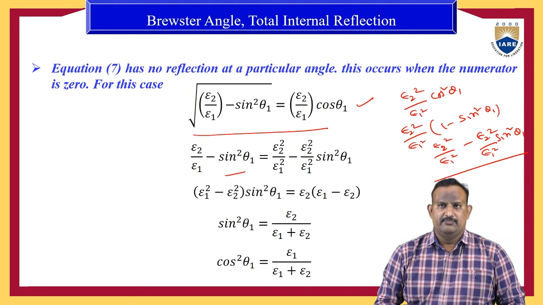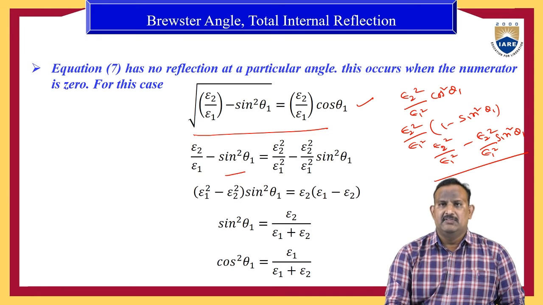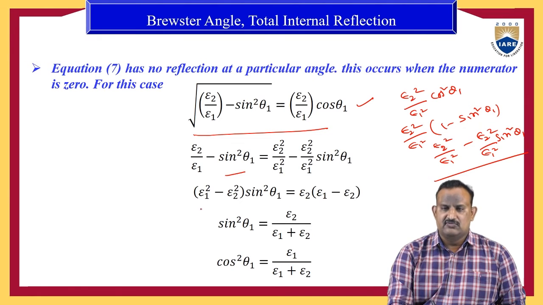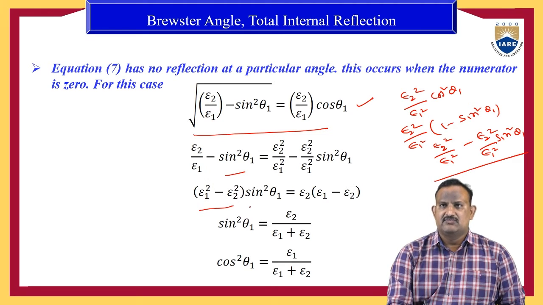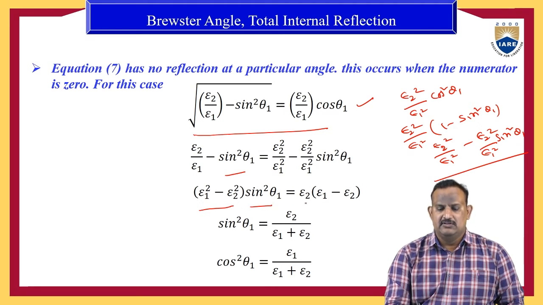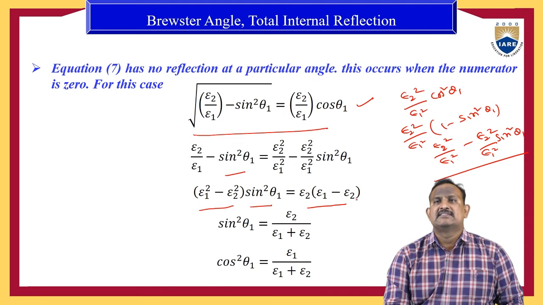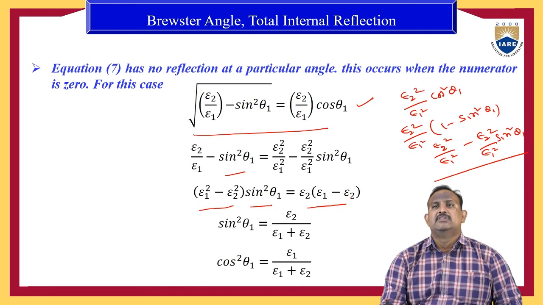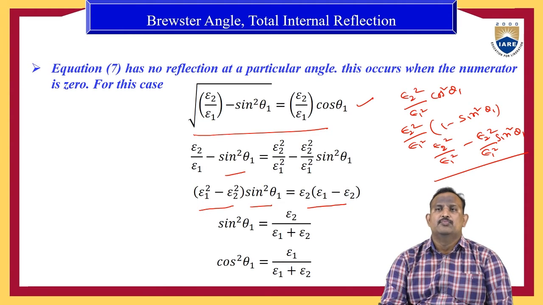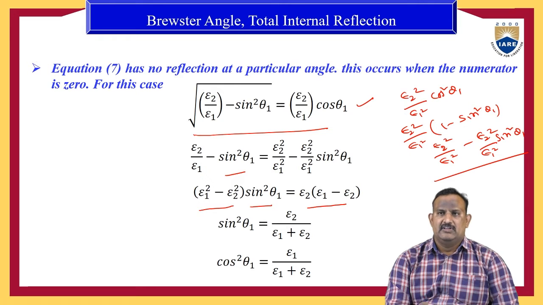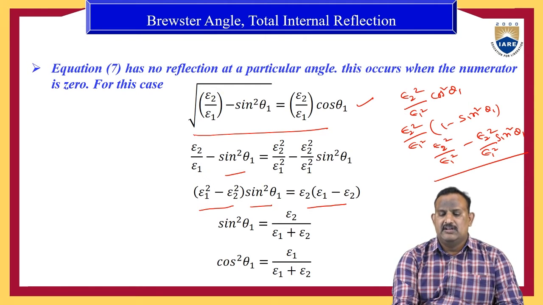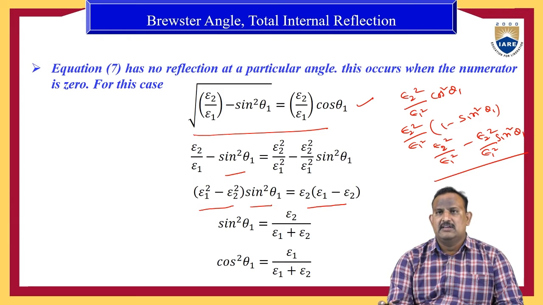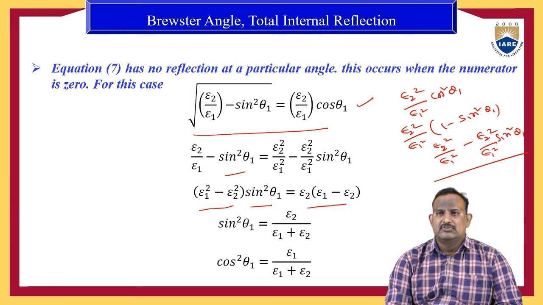Now if we rearrange and simplify the equation, I am moving the sine terms towards the left hand side and the epsilon terms towards the right hand side, and taking LCM on both sides.